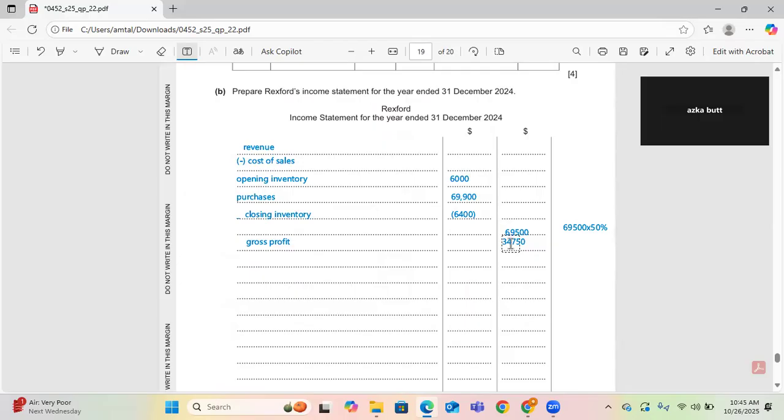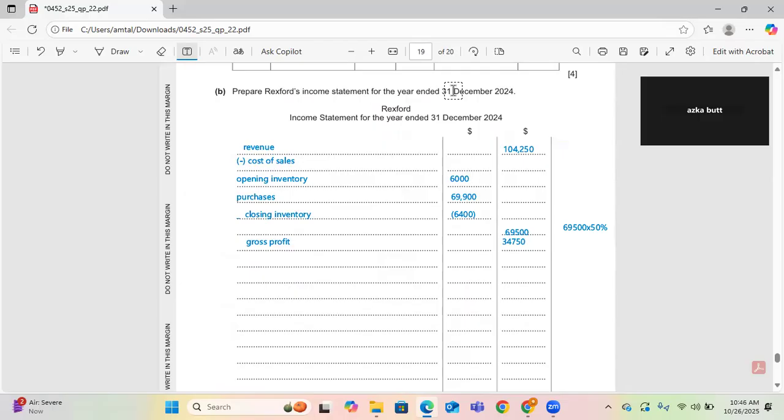So if you add 34,750 plus 69,500, this is equal to 1,04,250. So this is the revenue, 1,04,250.